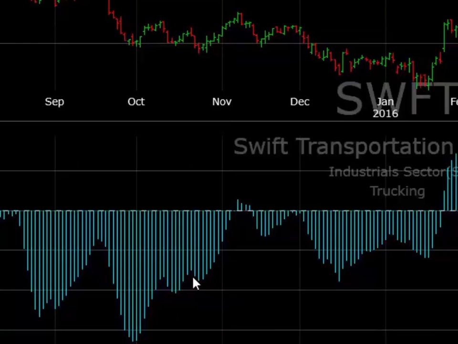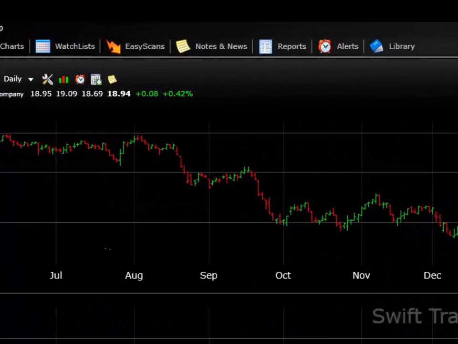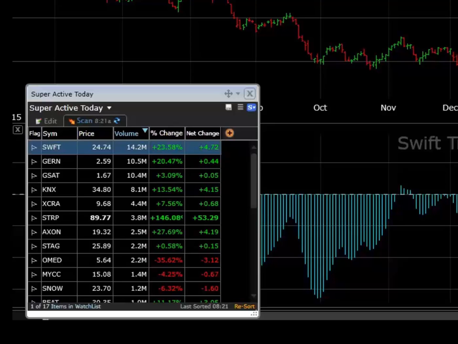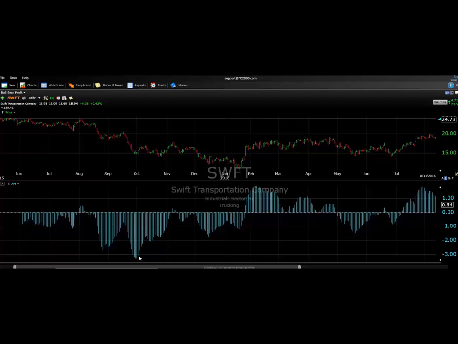So overall, finding candidates, we randomly selected our watch list of super active using the easy scans, and these are pre-built. This scan came with the TC2000 software. There wasn't anything designed about it, and that is a simple explanation of scanning for stocks.